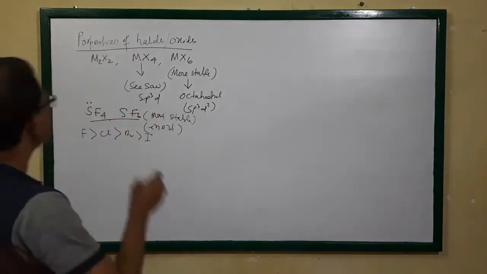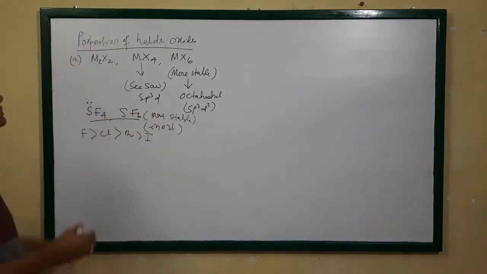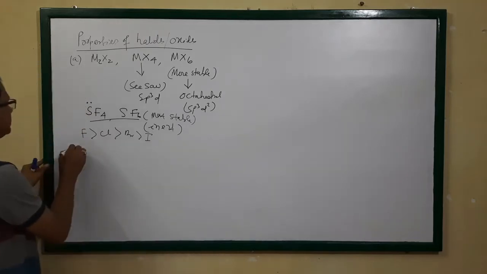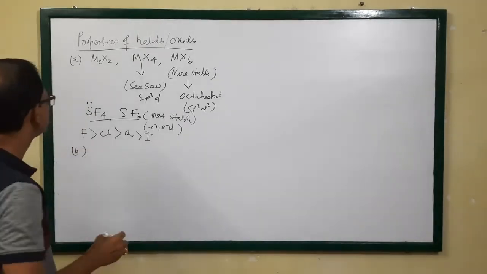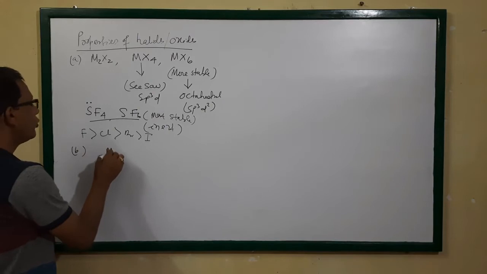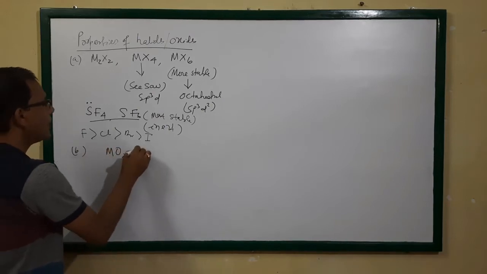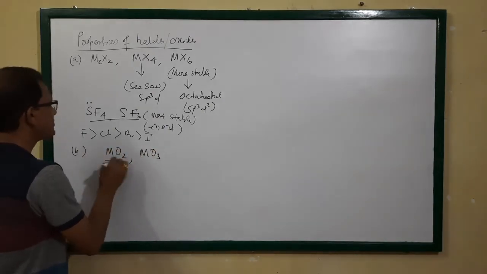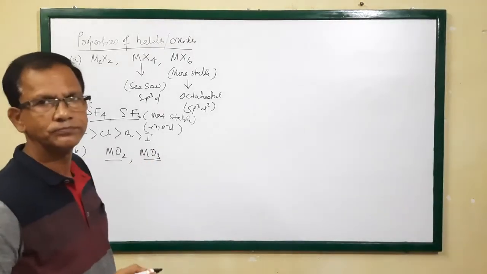Similarly, if you see the oxides, they produce MO2 and MO3, that means dioxide and trioxide.